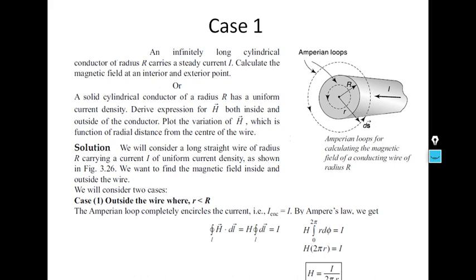This is a circular path, so we get the circumference 2 pi r. From the cylindrical coordinate system, dl is equal to r d phi a phi cap. Taking 0 to 2 pi because it's a circle, we get H times 2 pi r equal to I. So H is equal to I by 2 pi r.